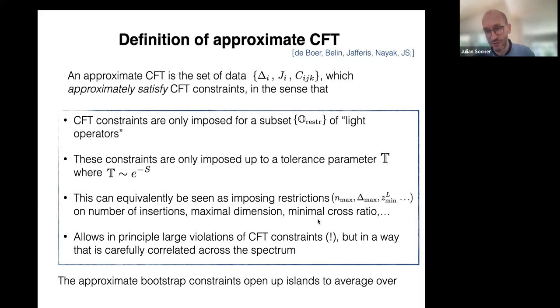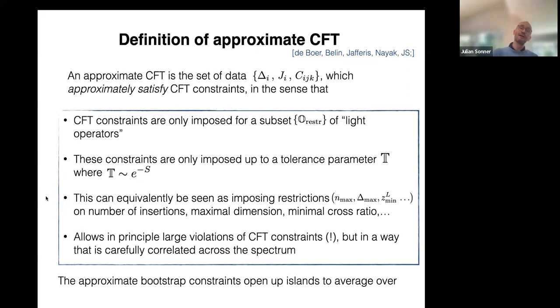And then if you go to 2D CFTs, for example, if you get more specific, you might also need to restrict the genus of the surface that you're allowed to consider. So I'm leaving it open here, but in general, it's these three parameters. As I alluded to, in principle, this allows large violations of the CFT constraints, but in a way that is carefully correlated across the spectrum. And we'll see how to do this careful correlation. This is basically the imprint of conformal invariance.